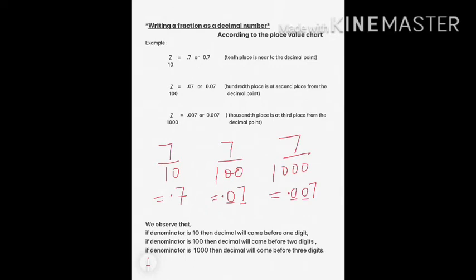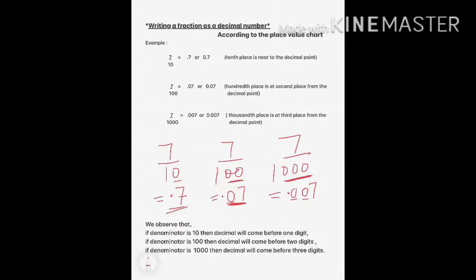So what have you observed here? If in the denominator you have 1 zero, then the decimal point will come before one digit. If in the denominator there are 2 zeros, then the decimal point will come before 2 digits. If in the denominator there are 3 zeros, then the decimal point will come before 3 digits.